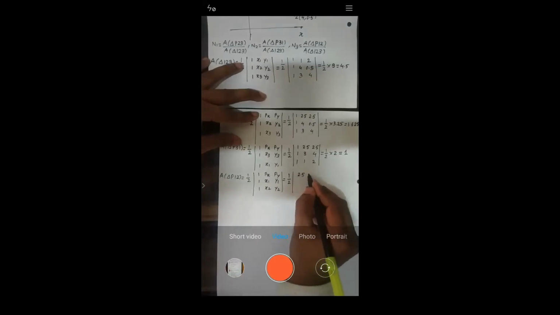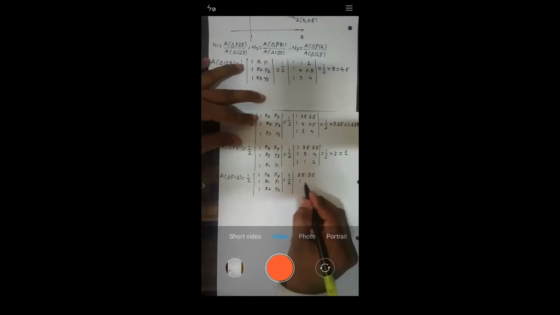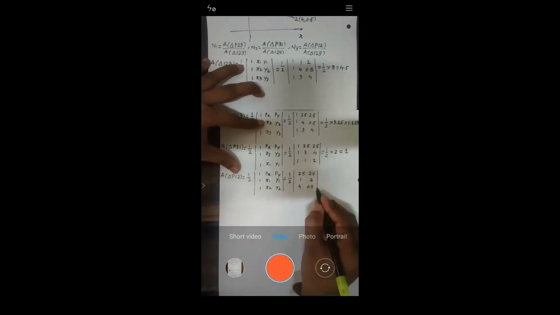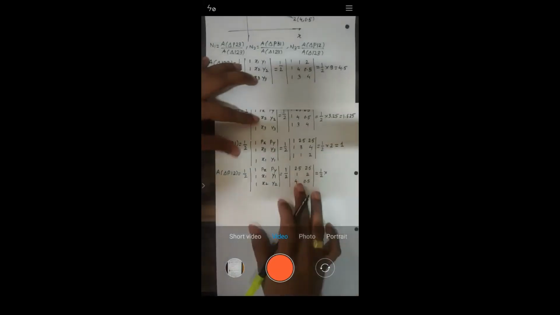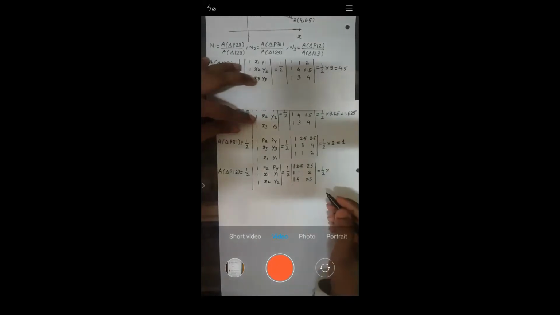Px, Py is 2.5, 2.5. x1, y1, it's 1, 2. And x2, y2 is 4, 0.5, right? So is equal to half into, okay, now I need to solve it, right? So here it is 1, 1, 1. So we are supposed to solve it, right?